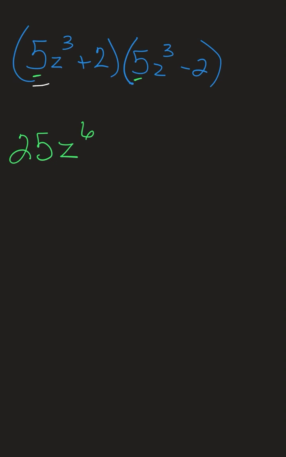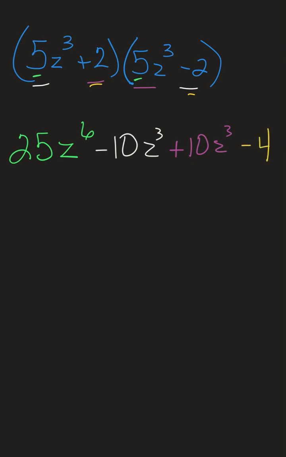My outside terms, 5z to the third power times negative 2 is negative 10z to the third power. My inside terms, plus 10z to the third power. And my last terms, of course, positive 2, negative 2 is negative 4.